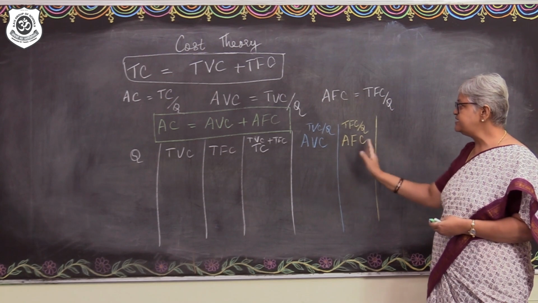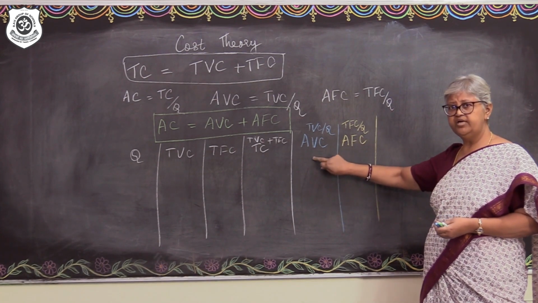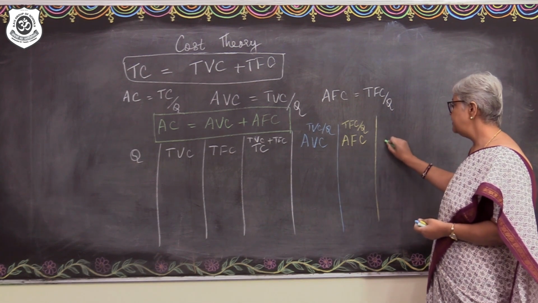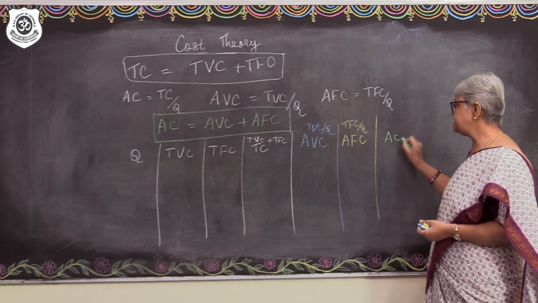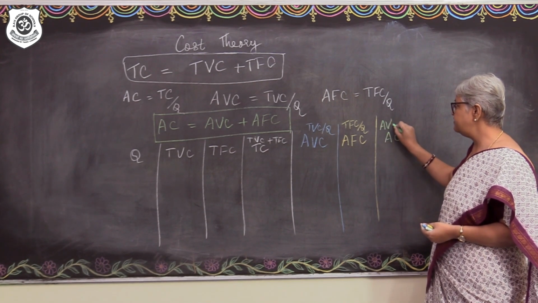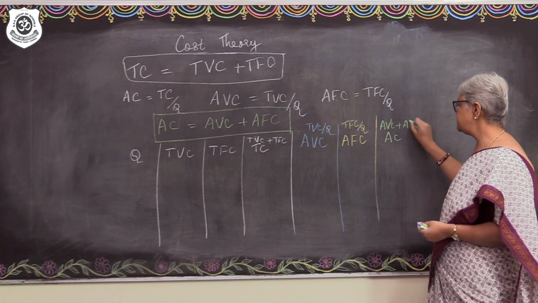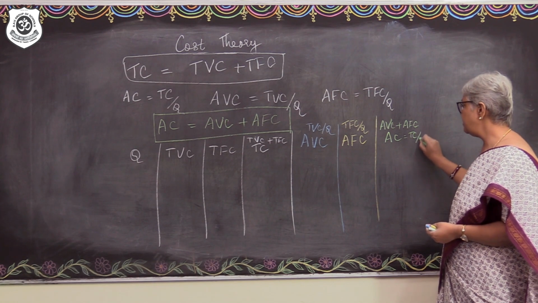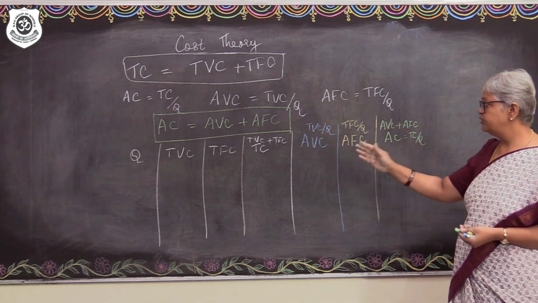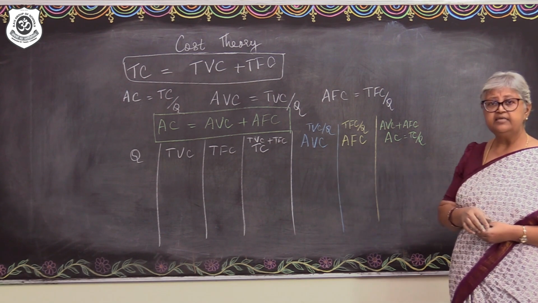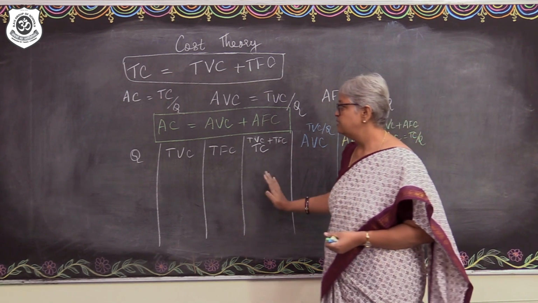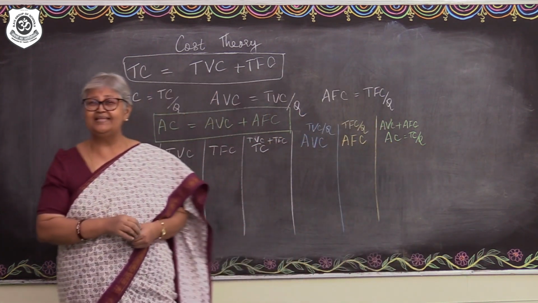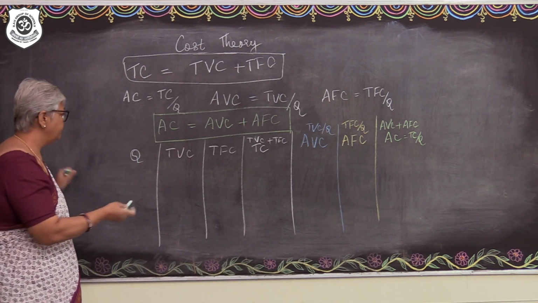And as a summation of the per unit variable cost and the per unit fixed cost, we will understand the average cost. So, AC can be understood as AVC plus AFC. Also, it can be understood as TC by Q. Alright. So, this is what we are going to see through the schedule. Now, these initial four columns, by now you should be thorough with that. Nevertheless, we will see that once more.